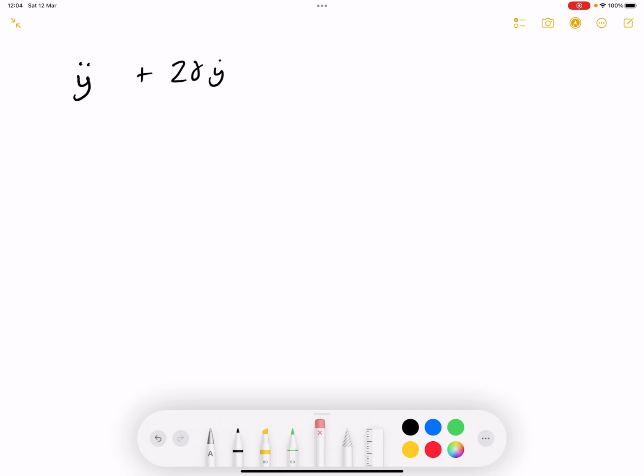Plus omega naught squared y. That's the part that completes the SHM. So, if you remember from the definition of SHM, y double dot must equal minus omega naught squared y.